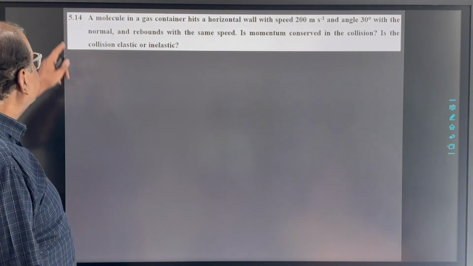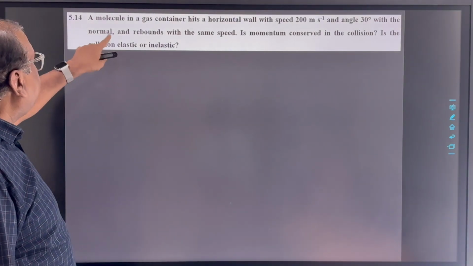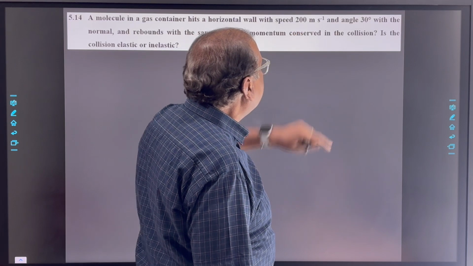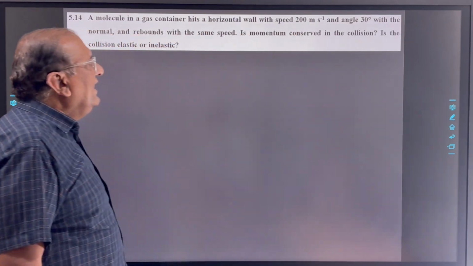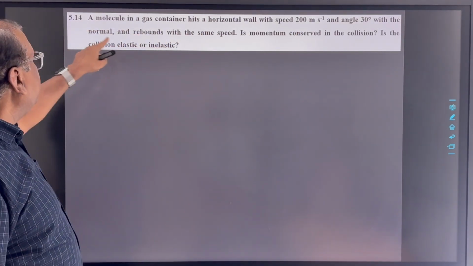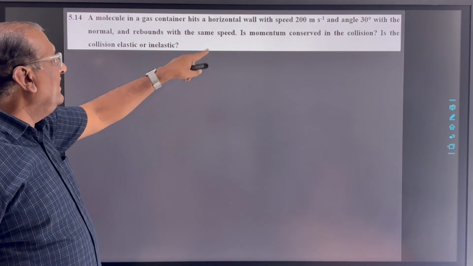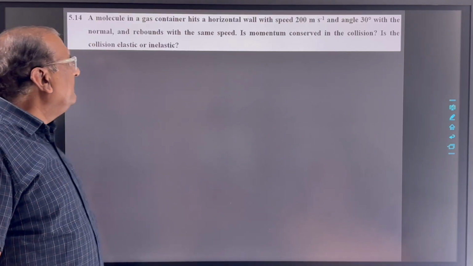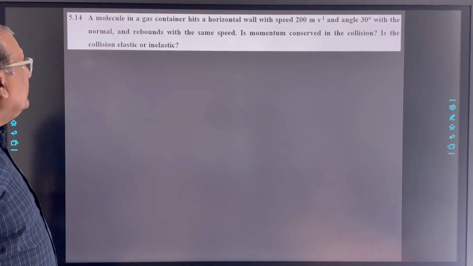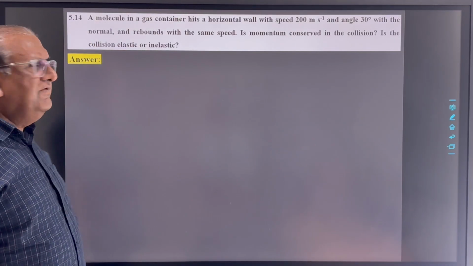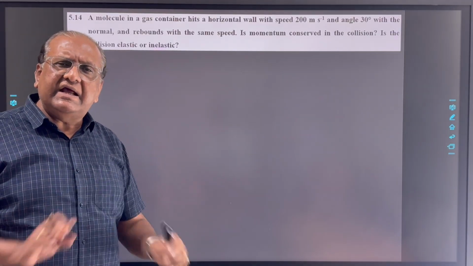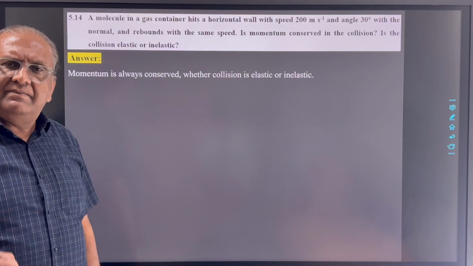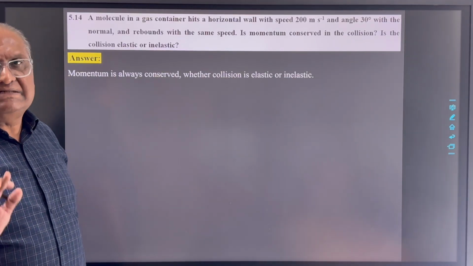Now exercise 5.14. A molecule in a gas container hits a horizontal wall with a speed 200 meter per second and angle 30 degree with the normal and rebounds with the same speed. Is momentum conserved in the collision? Is the collision elastic or inelastic? We know this thing. During any type of collision, the total linear momentum is always conserved.